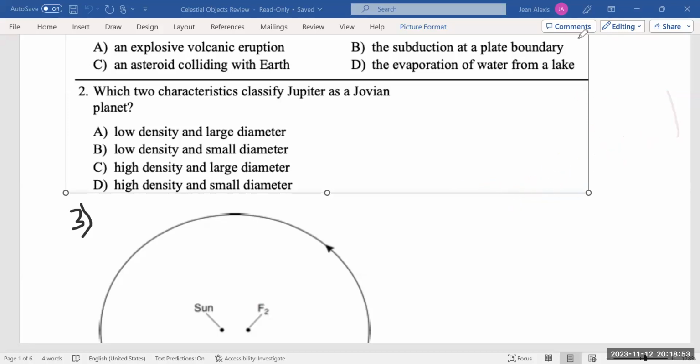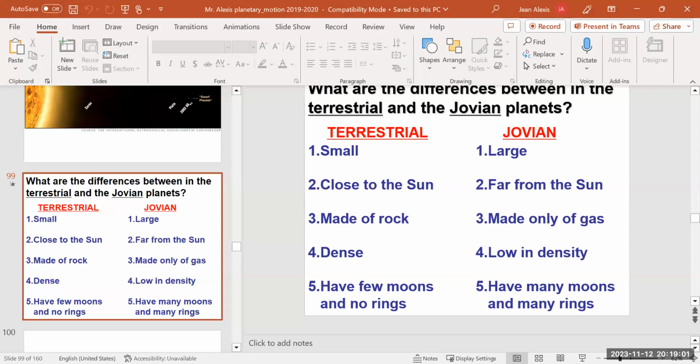We've taken notes in class, so you could have used page 15 of the reference tables, or you could have just used your notes. Here it shows us the different characteristics of a terrestrial planet and a Jovian planet. We know that Jovian planets are large, far from the sun, made only of gas, low in density, and have many moons and rings.